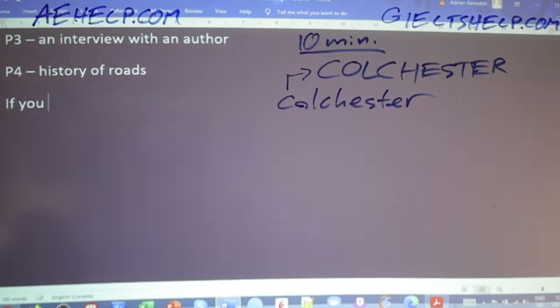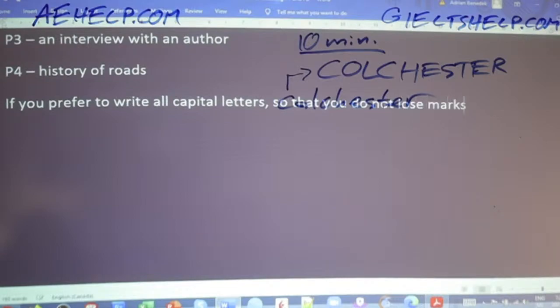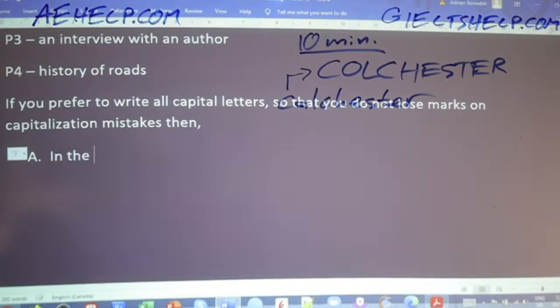So if you prefer to write all capital letters so that you do not lose marks on capitalization mistakes, then in the computer-based exam, use caps lock.